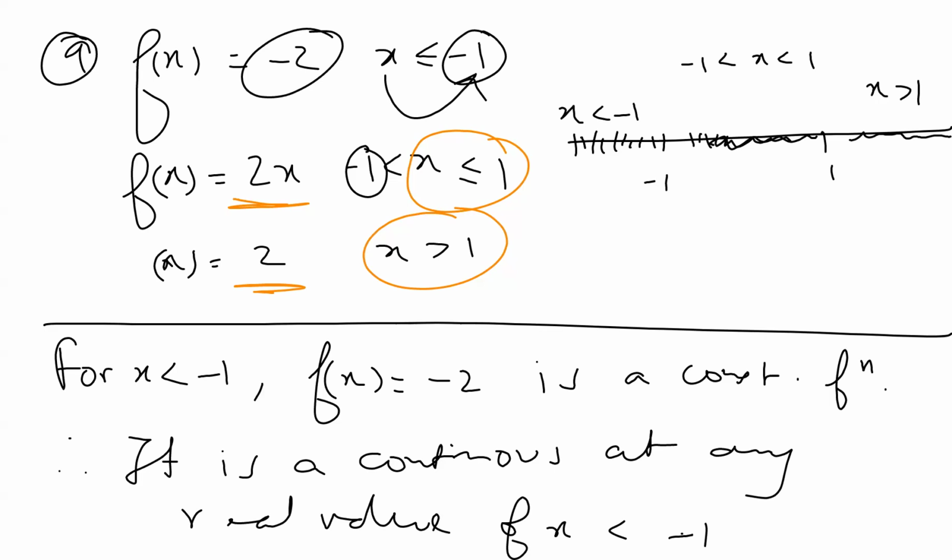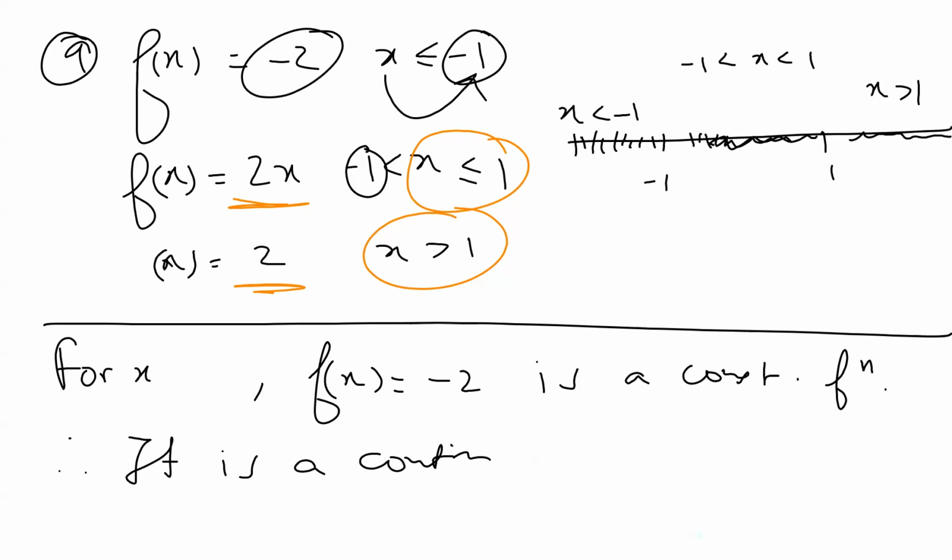Okay, so this part is also done. Let's focus on this part. For x greater than 1, f of x is equal to 2, a constant function. Therefore, it is continuous at any real value of x greater than 1.